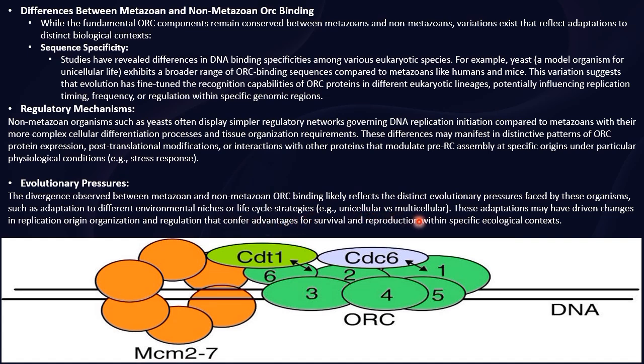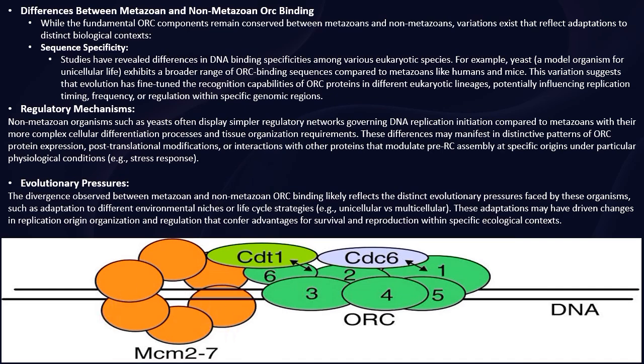These adaptations may have driven changes in replication origin organization and regulation that confer advantages for survival and reproduction within specific ecological contexts. This is an illustration of how the origin recognition complex, that is a six-subunit hexameric ring protein, binds to the ORI sequence, and here is the CDC6 protein, CDT1, and this is the hexameric helicase, that is the MCM2-7 complex.